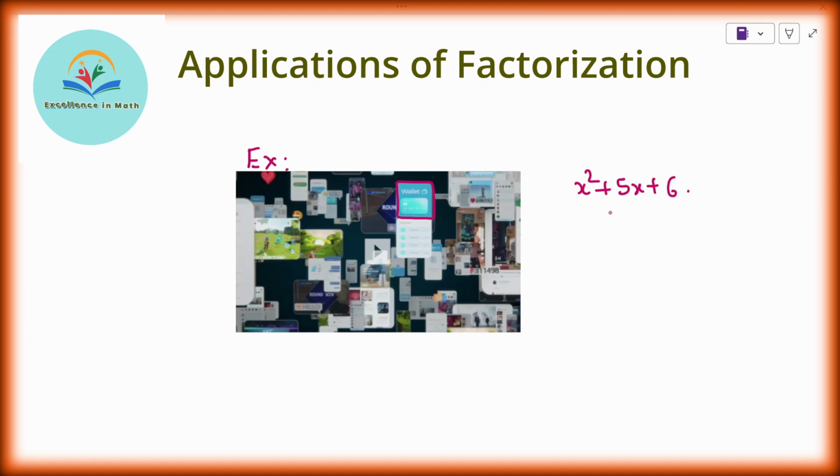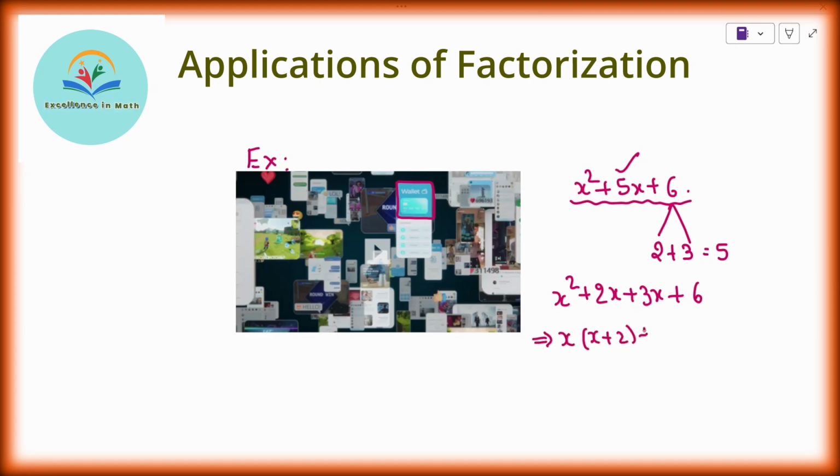This is exactly where factorization comes in. Using the splitting the middle term method, we can find the factors of 6 whose sum is 5. They are 2 and 3. So I can split the middle term 5x as 2x plus 3x, giving x squared plus 2x plus 3x plus 6. Again by regrouping, x times (x plus 2) plus 3 times (x plus 2).